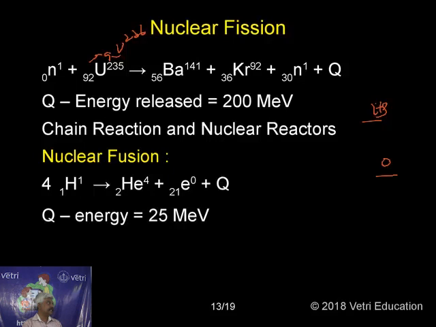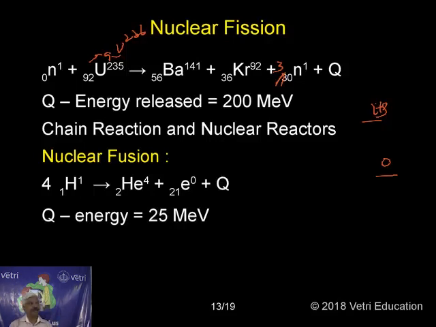As far as A is concerned, 141 plus 92, we are getting only 233. The 3 neutrons balance it. That means there is emission of 3 neutrons, written as 3, 0, n, 1. Here 0, n, 1 denotes a neutron.